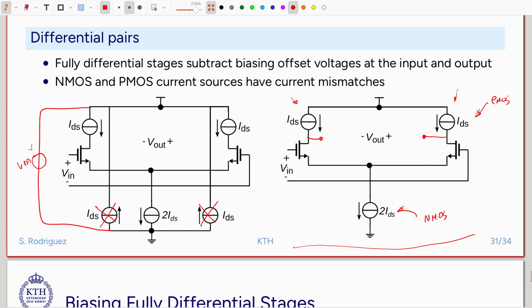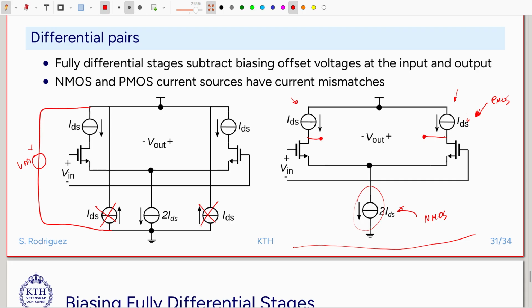The mismatch in the current sources cannot be controlled. We cannot just leave them without control, because in reality voltage, temperature, and process variations will make them not match in real operation. One current will be slightly different than the other, and if this current here is higher than these ones, then basically the outputs will be pulled either up or down.